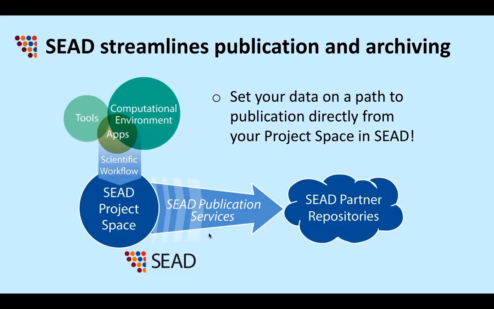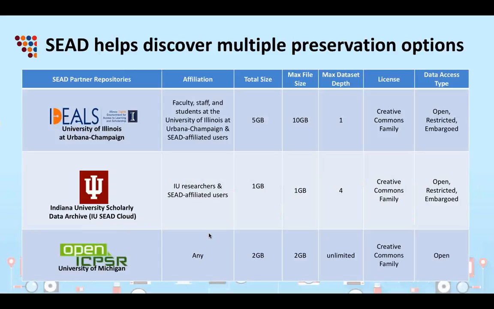And here are some examples of SEED partner repositories and some of their requirements for data deposits. So SEED is working with IDEALS repository at the University of Illinois, IU SEED Cloud at Indiana University, and Open ICPSR, at the Inter-University Consortium for Political and Social Research, ICPSR, at University of Michigan.